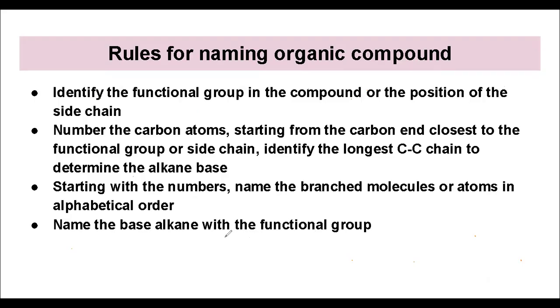Let me write the structure. I just came across it online, so I think it's interesting to use the rules to name it. Let me draw the organic compound first. One, two, three, four, then you have the fifth one, which consists of two carbon atoms across this, and then you have a chlorine here.